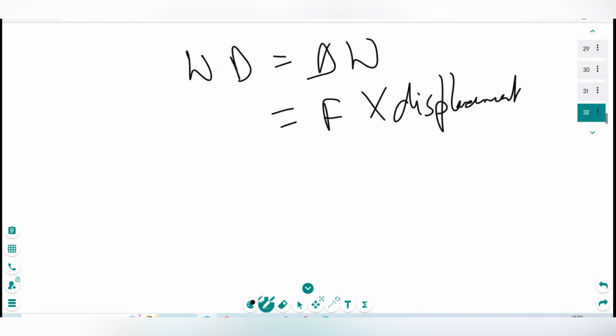You have applied a force on the piston and it came down, so work is force into displacement.